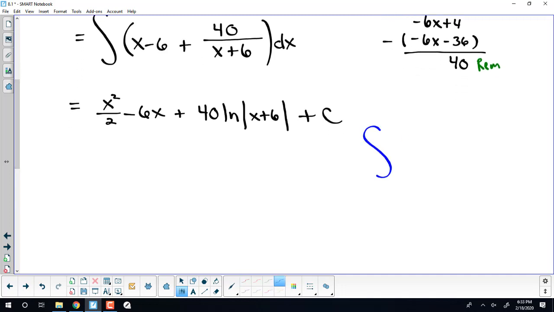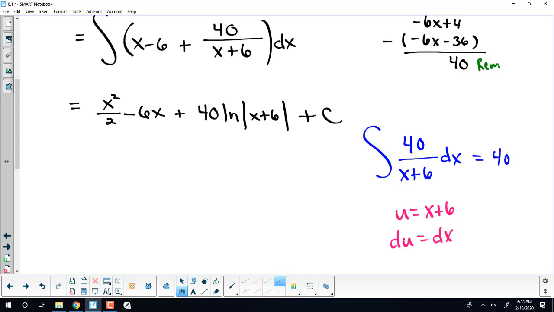I guess we could also write it here if it's not making sense. So you would say u equals x plus 6, du is dx. I'll put this 40 out here, antiderivative of 1 over u du.